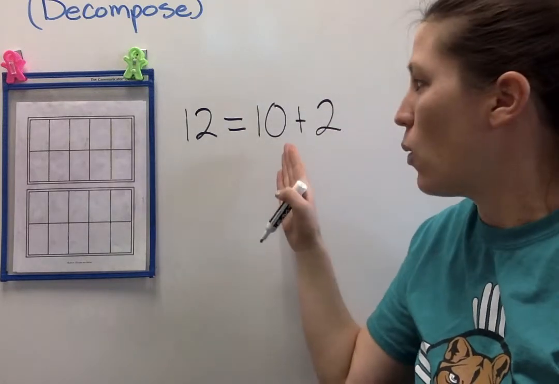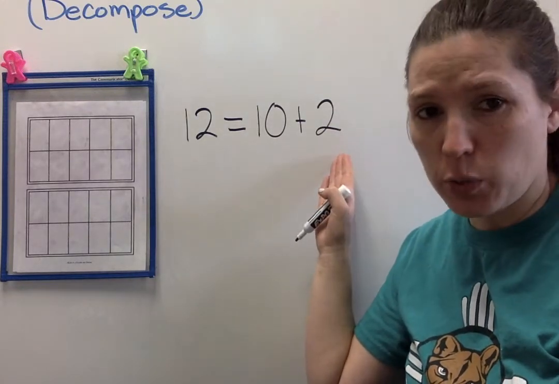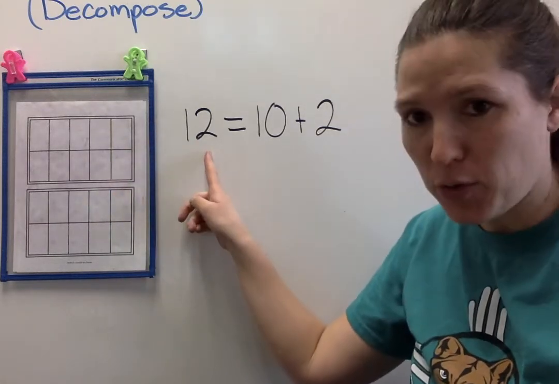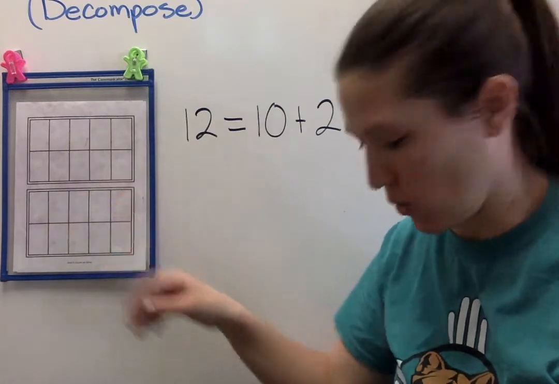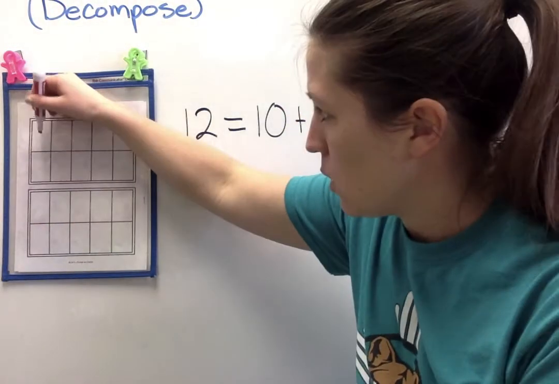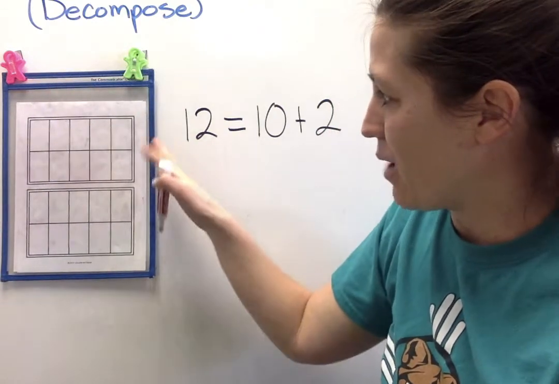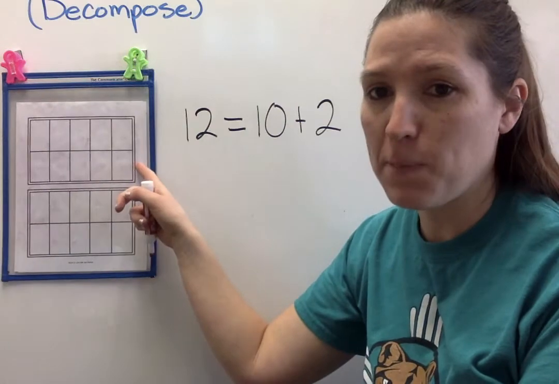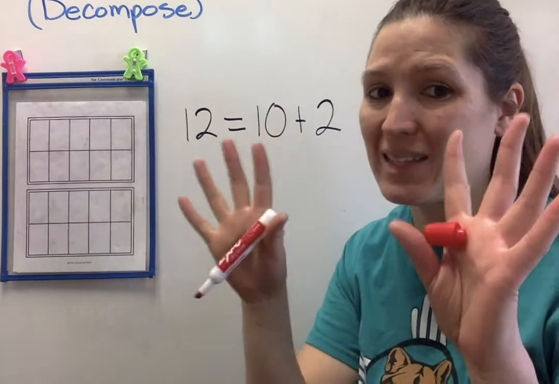We need to find out why there's a group of 10 and why there's a group of 2 and how to show it. So if I have 12, let's just start by filling up my 10 frame. I'm going to use two different colors just to help us. If I'm using two 10 frames and I know I'm filling up the top 10 frame, it's going to be full, so that's going to be 10.